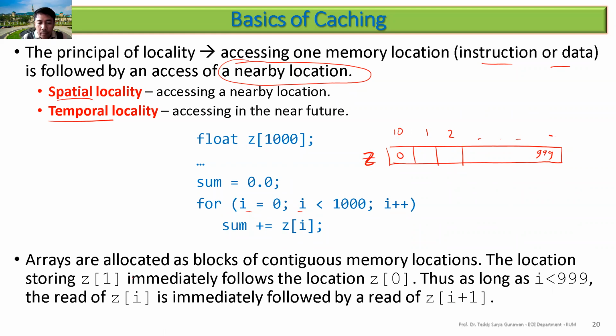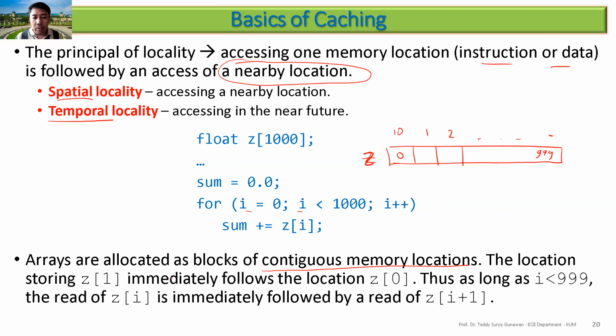The arrays are allocated as a block of contiguous memory locations. The term contiguous is actually, you don't need it to be continuous because you have the page table, which I will explain later. But assume that you have continuous memory locations here from 0 to 999.